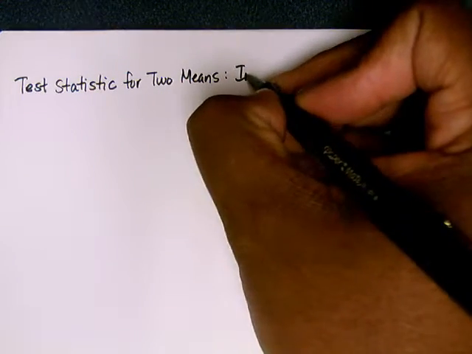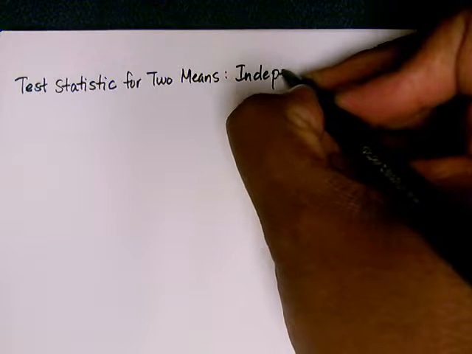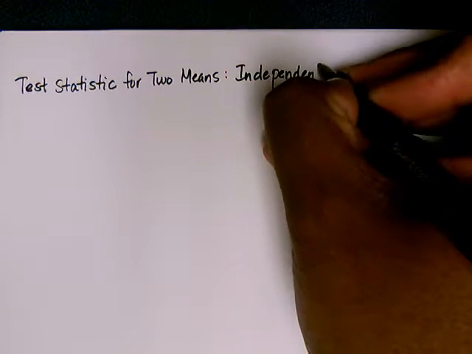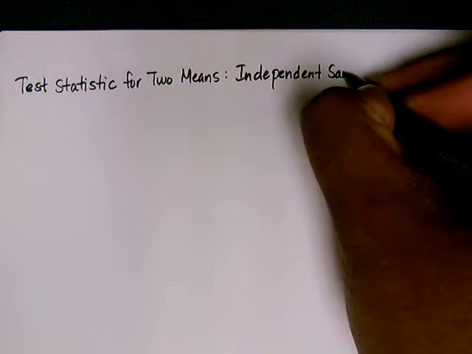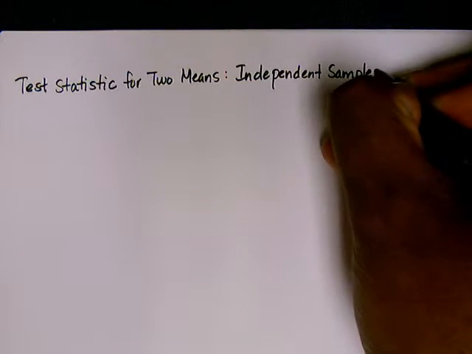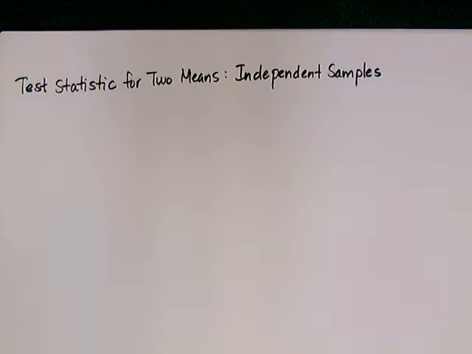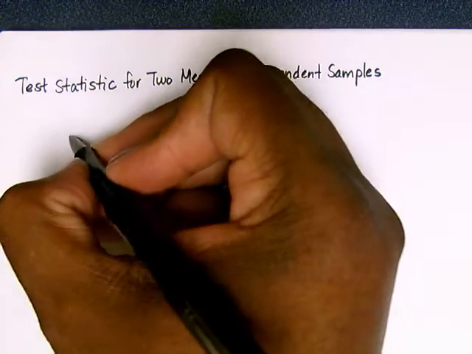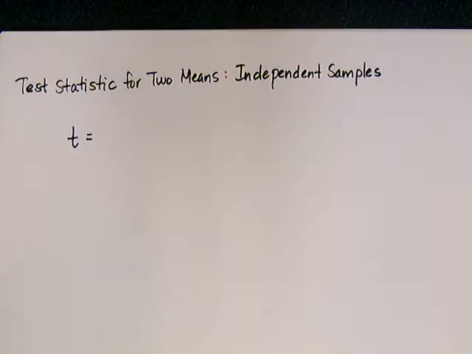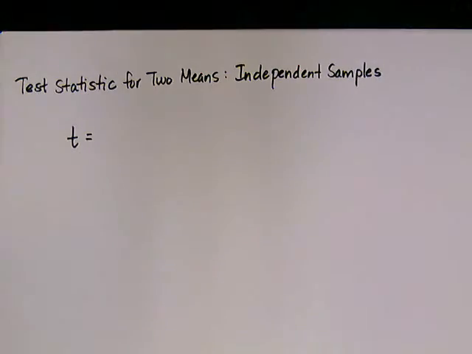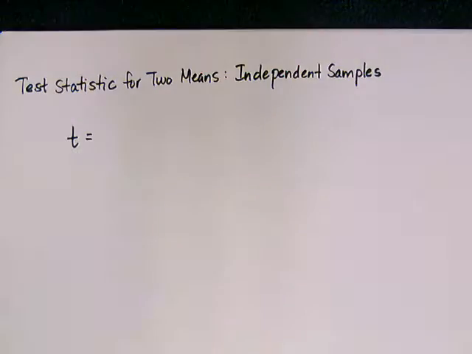And here we're going to be dealing with independent samples. And in another video, we're going to be dealing with dependent samples when we test a claim about two means. Okay. So the test statistic is going to be this. Here we're going to be using a t-test statistic because it is a t-test.